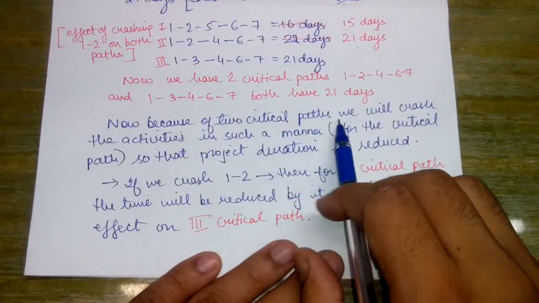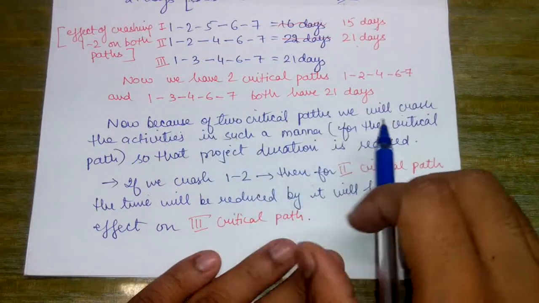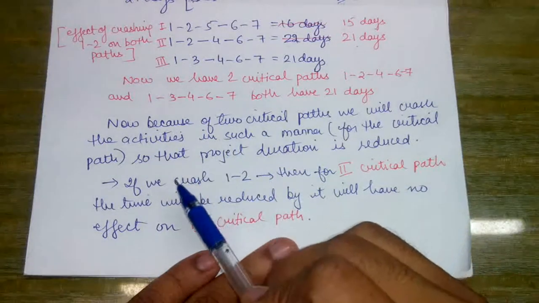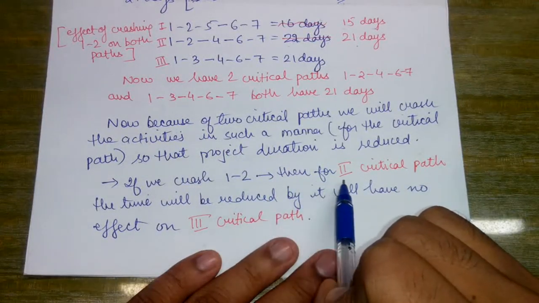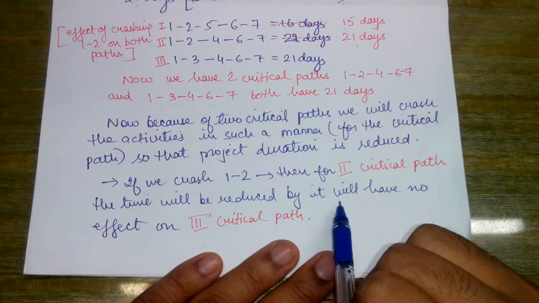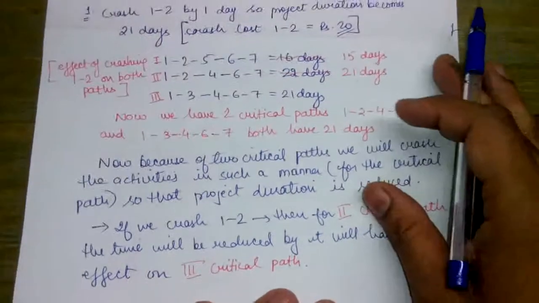Now because of the two critical paths, we will crash the activities in such a manner that the project duration is reduced. This was our aim. If we crash the 1 to 2 activity, then for the second critical path the time will be reduced by it and will have no effect on the third critical path.